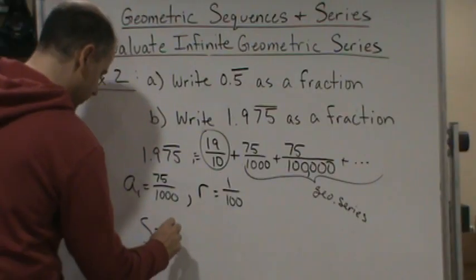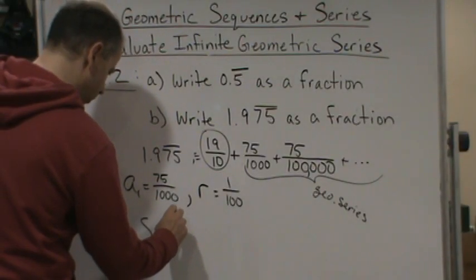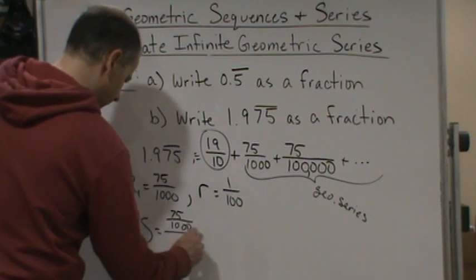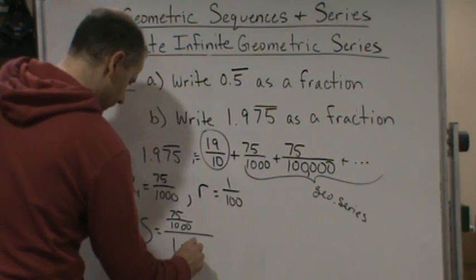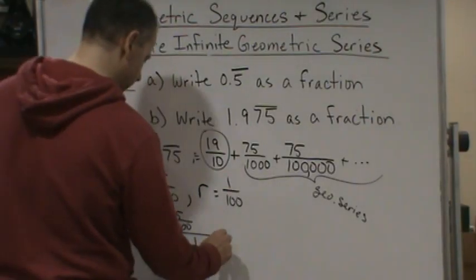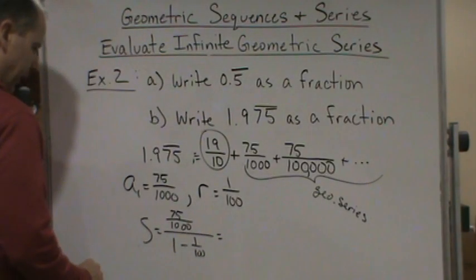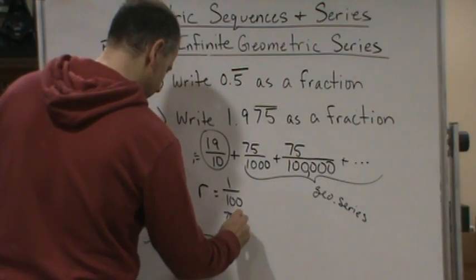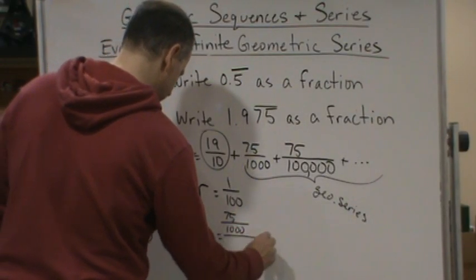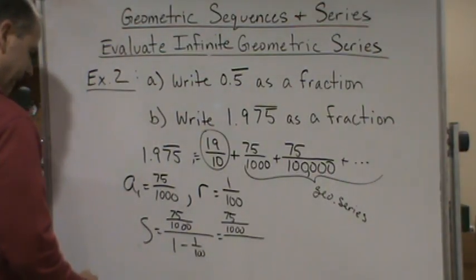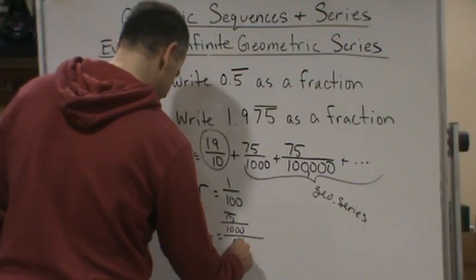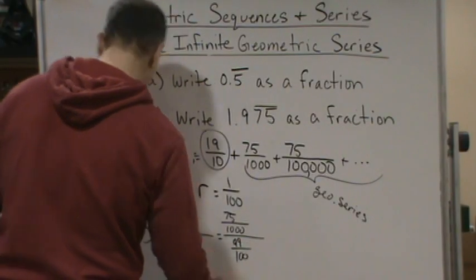So here, we'll do it right here. So S equals what? It's going to be A sub 1, so 75 over 1,000 over 1 minus 1 over 100. And so this is going to be 75 over 1,000 divided by 99 over 100.